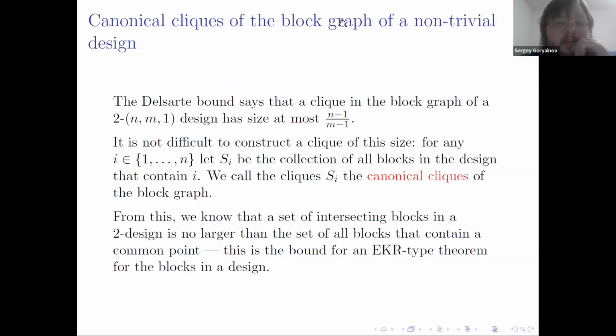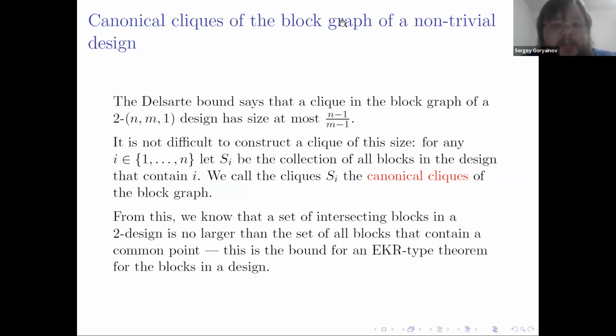The desired bound says that a clique in the block graph of a 2-(n,m,1) design has size at most (n-1 choose m-1). It is not difficult to construct a clique of this size for any i from the set from 1 to n. Let Si be the collection of all blocks in the design that contain i.